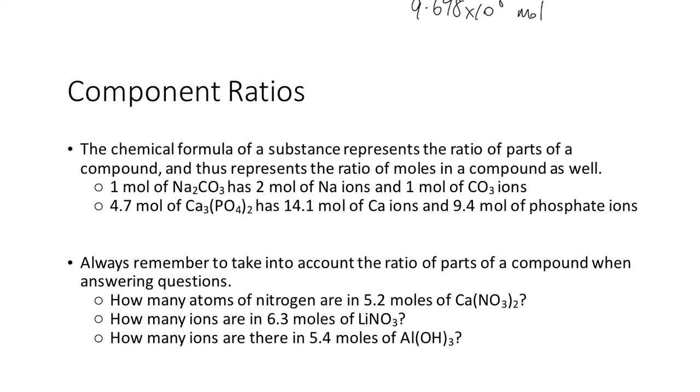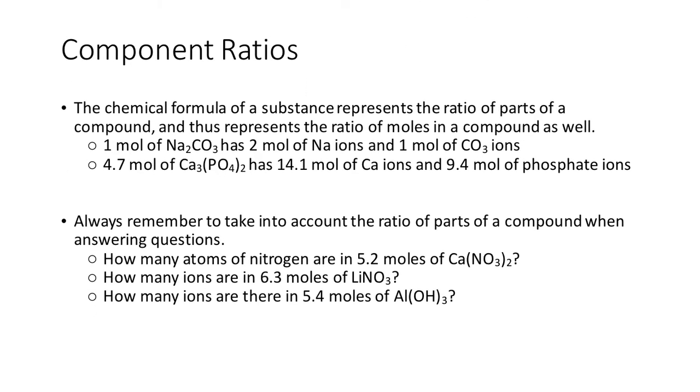All right, component ratios, last bit. The chemical formula of a substance represents the ratio of parts of a compound, and thus represents the ratio of moles of the compound as well. What does that mean?